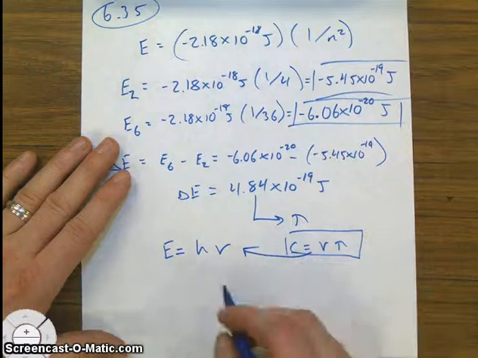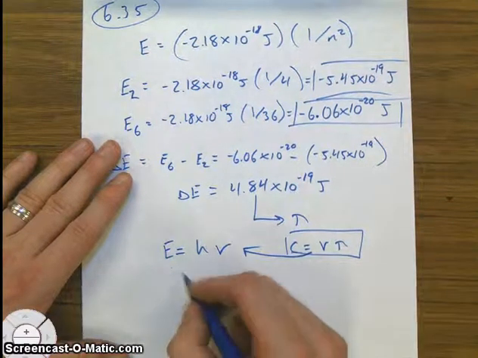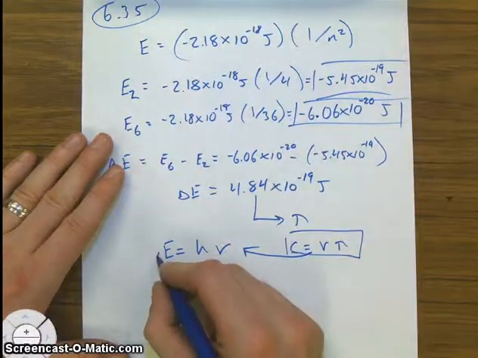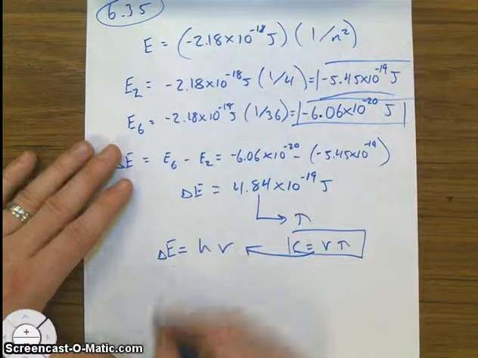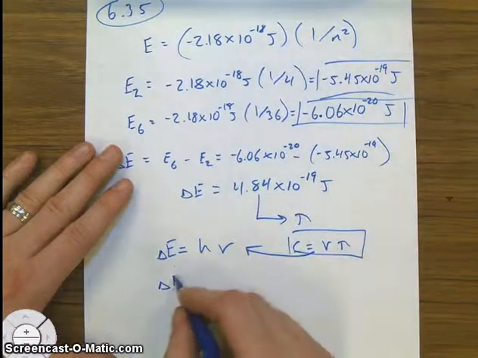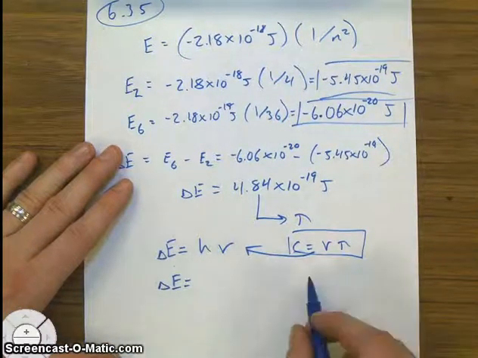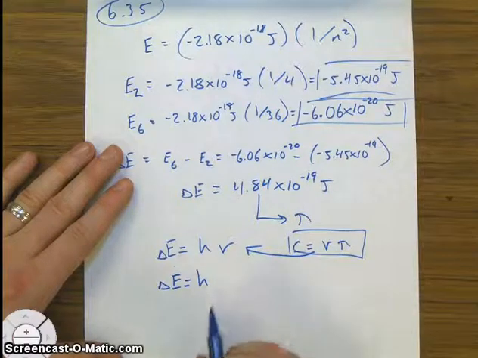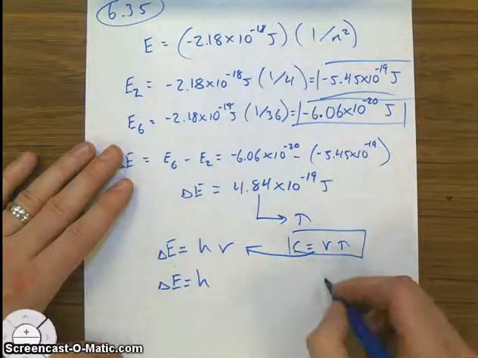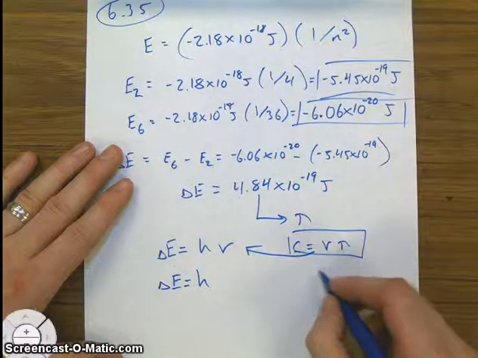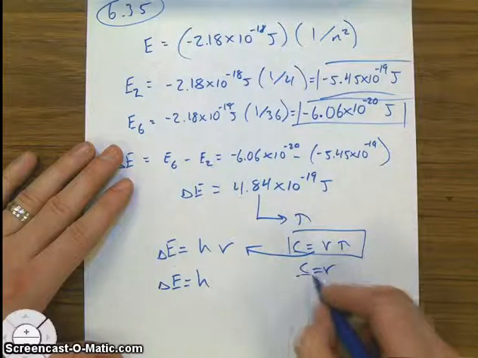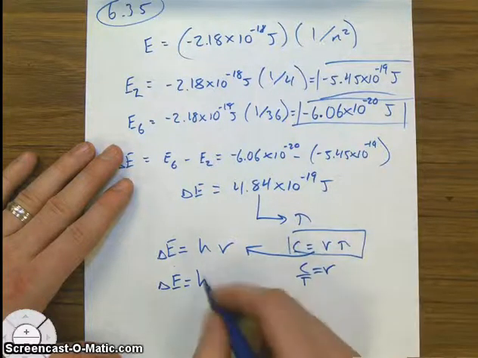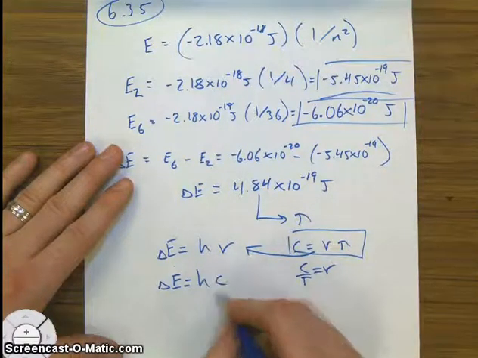So what it ends up being is delta E equaling Planck's constant times frequency. Let me rearrange this equation. Frequency equals c divided by lambda, so it's going to be c over lambda.